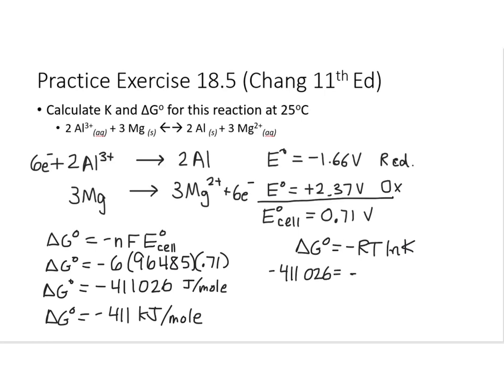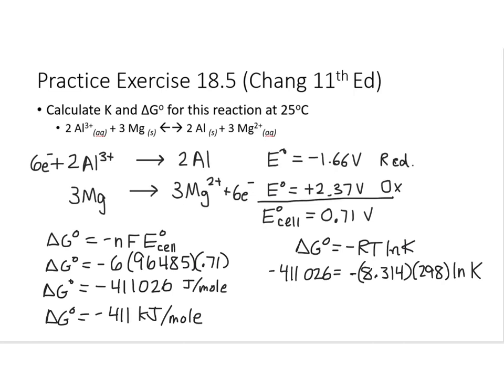R is, again, not a number that you need to memorize, but do be careful with that ideal gas law constant that units match. So the 8.314 is the one that has joules in its units. The temperature, standard conditions, so 25 degrees Celsius or 298 Kelvin. And then it'll be times ln of K.